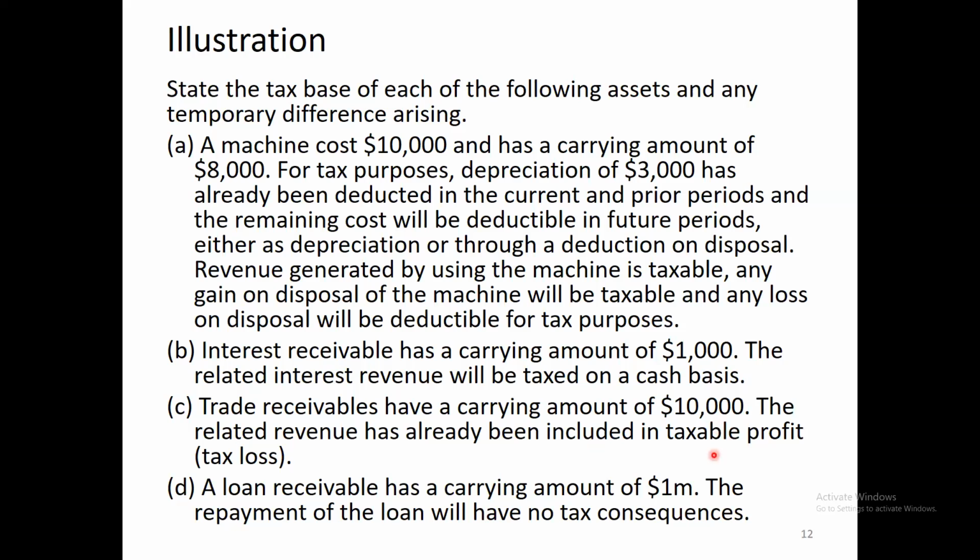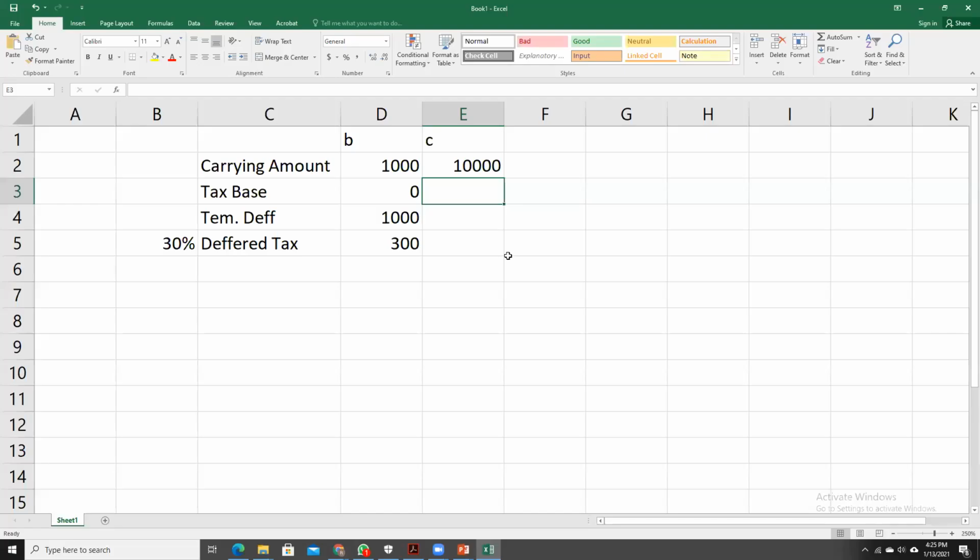Then tax base is 10,000. Then how much temporary difference? 0. Then how much deferred tax?